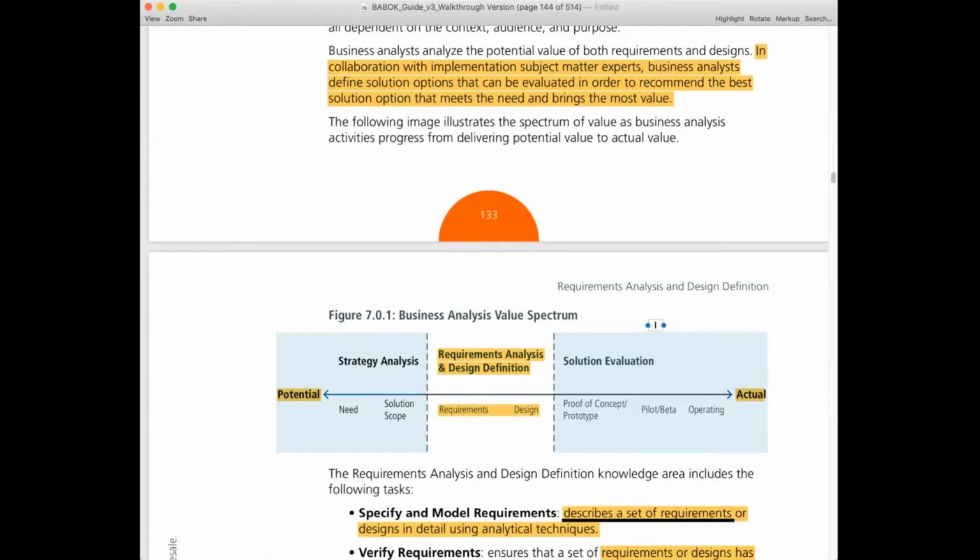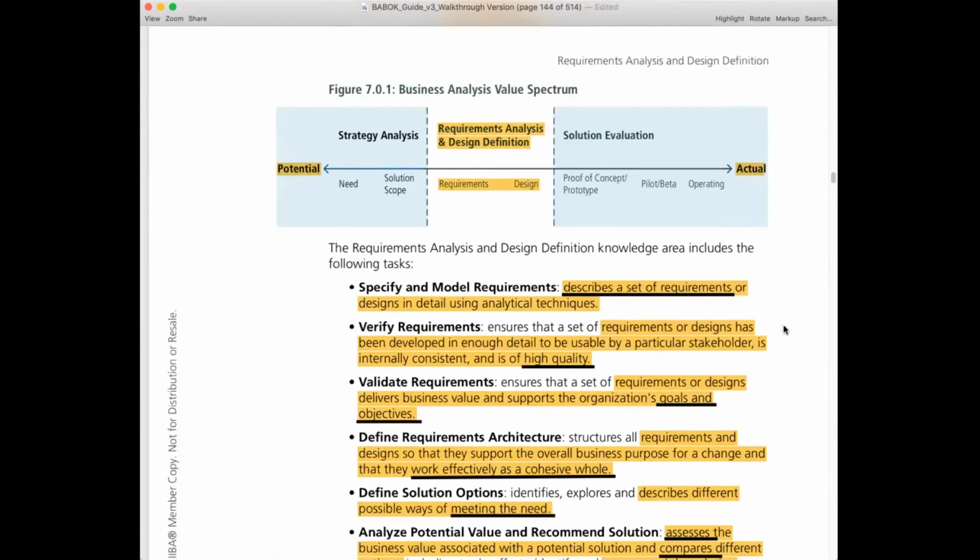And so the image that we have here is back to our business analysis value spectrum. So again, the potential value is when we're still in strategy analysis or the conceptual phase, and we're identifying the needs and the solution scope. And then when we're in solution evaluation, that's where we start seeing actual benefits that we can actually measure with the proof of concept or some type of beta testing or the full deployment.